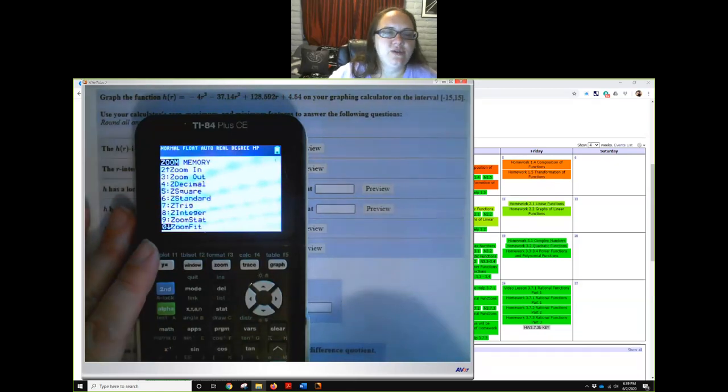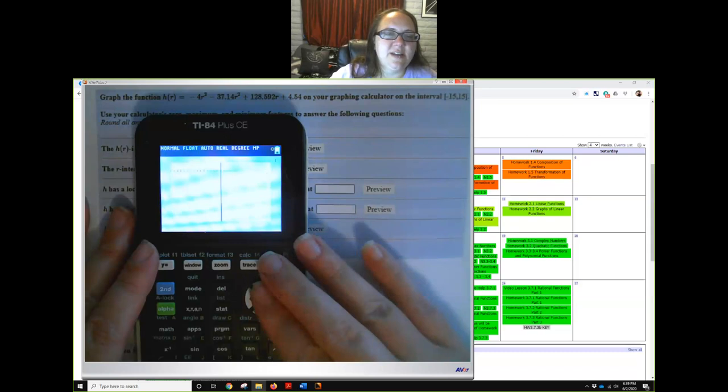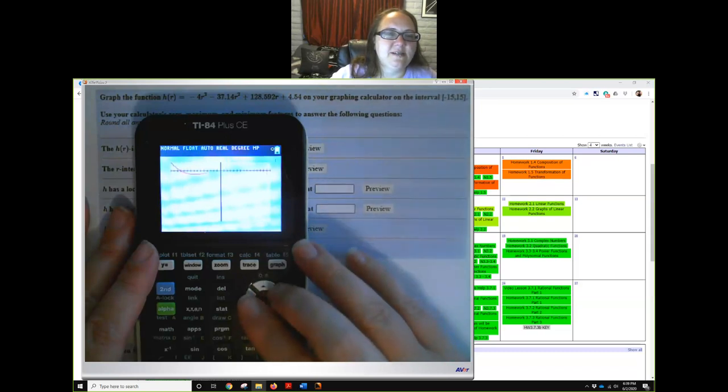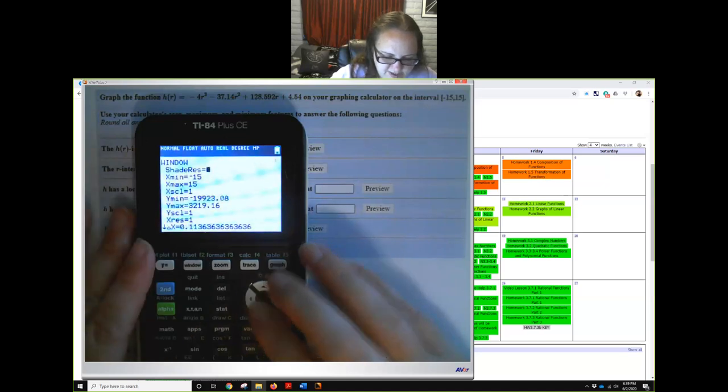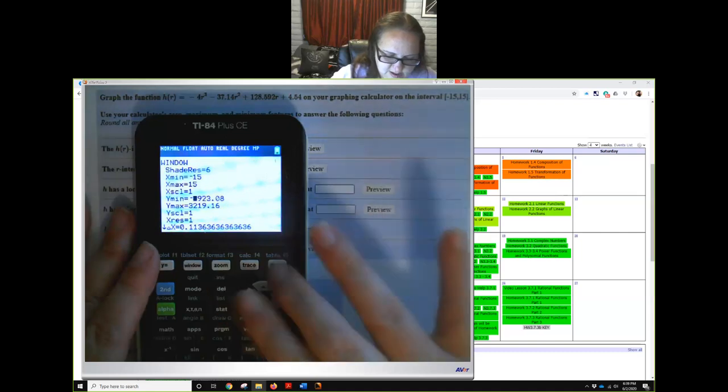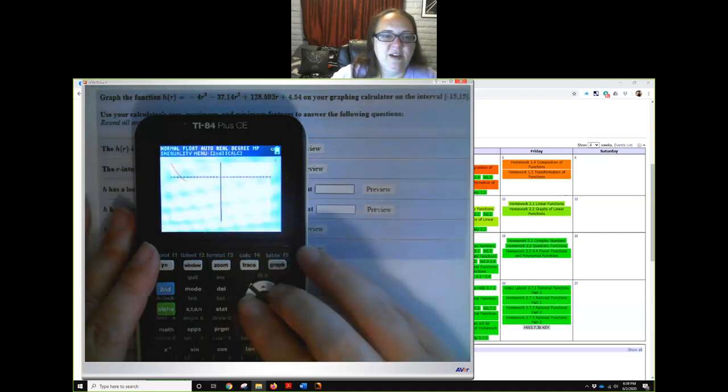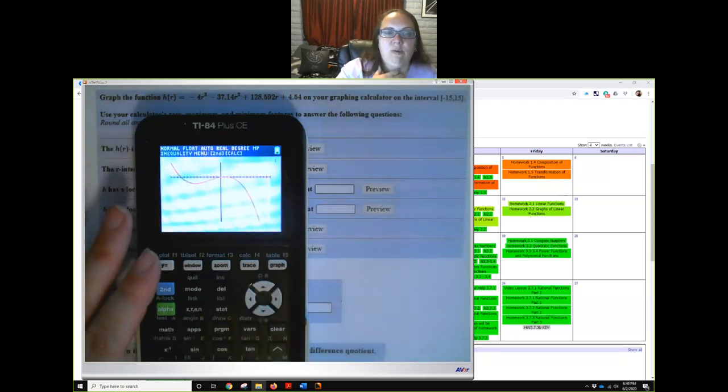So if you press the zoom button and then you scroll down to 0 and you do zoom fit, sometimes it works and sometimes it doesn't. All right, that one's not so bad. The bottom of my window is too low. Honestly, you could just play around with these until you're looking at something that's not horrible.